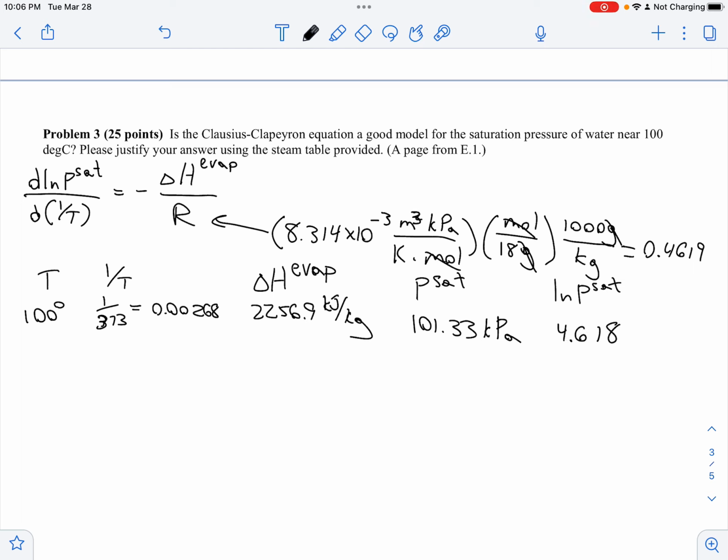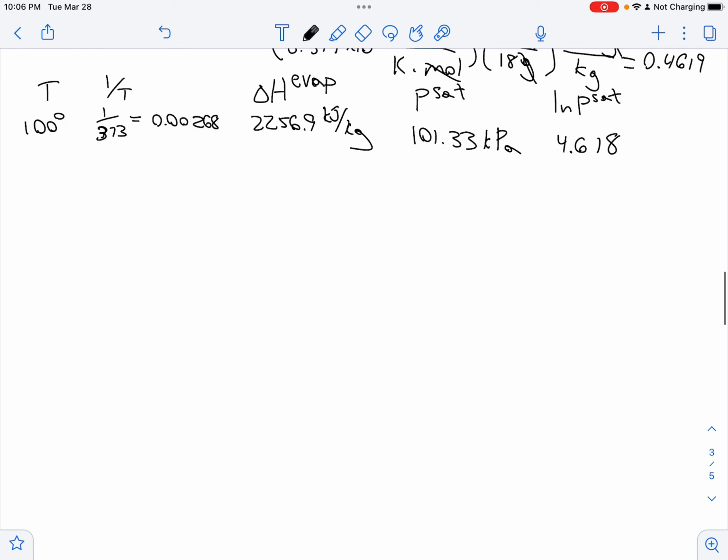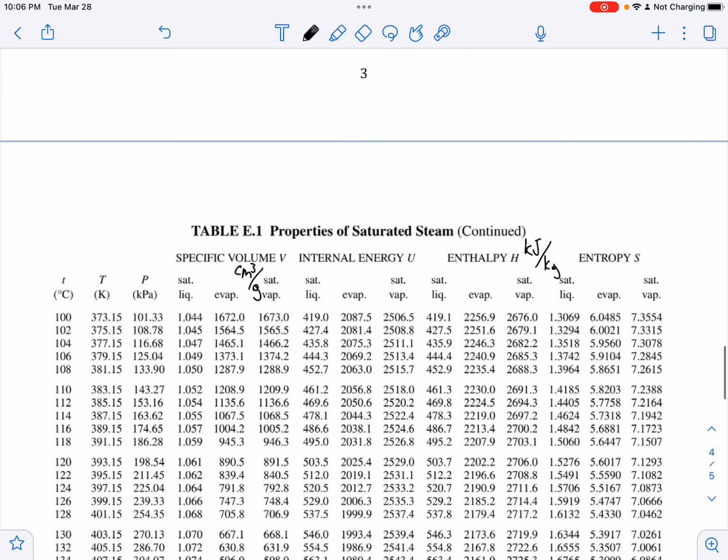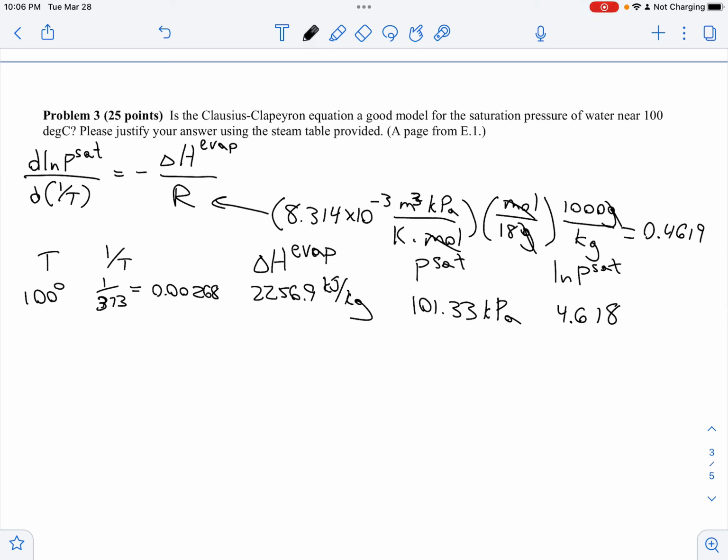Since we want a derivative, we're going to approximate it as delta ln Psat over delta 1 over T. And the next row in the table is 102 degrees C, and 1 over 375 is equal to 0.00267.